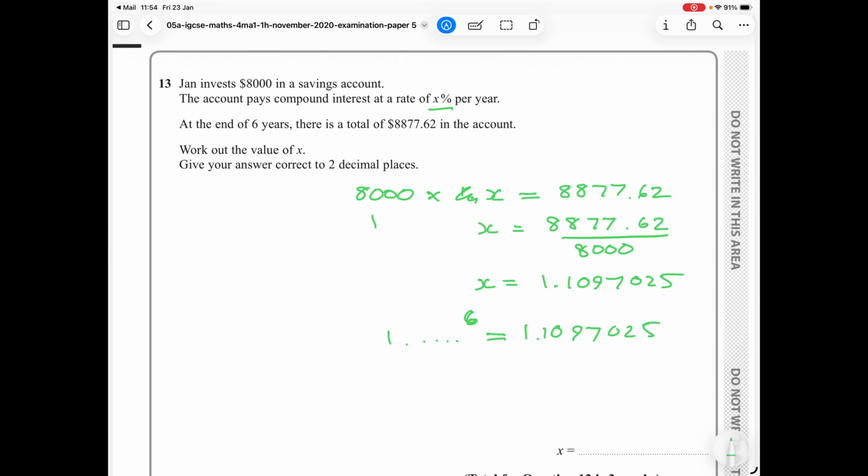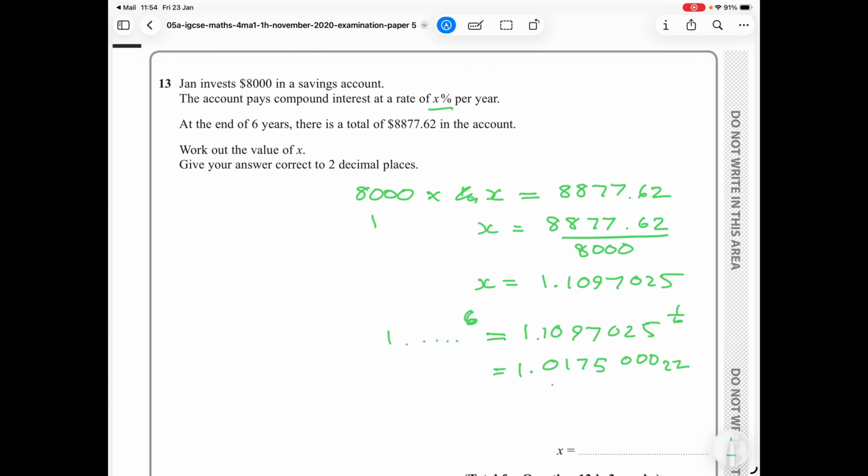So we are now going to take our answer and we're going to take it to the power 1 over 6, which is the opposite of the 6th root. And we're going to get that this to the power 1 over 6 equals 1.0175.